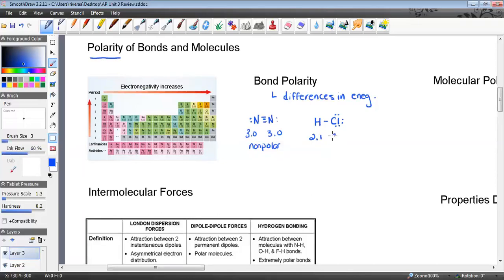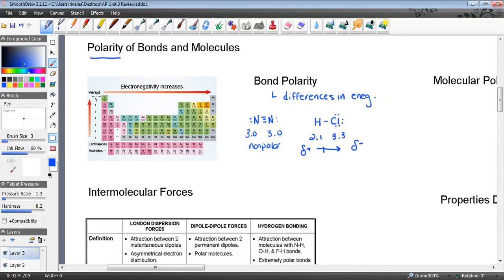I don't know. Let's say 3.3. This is a measure of love for electrons or attraction for electrons in that shared bond. So those electrons are going to be pulled more towards chlorine, which is going to make your chlorine partially negative and your hydrogen partially positive. So that is a polar bond when you've got differences in electronegativity.